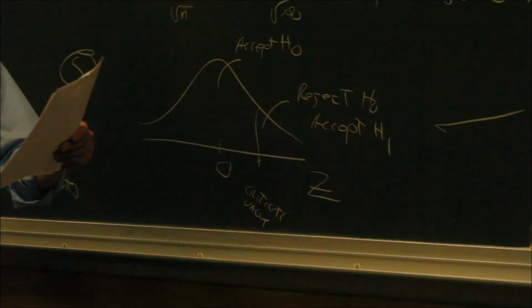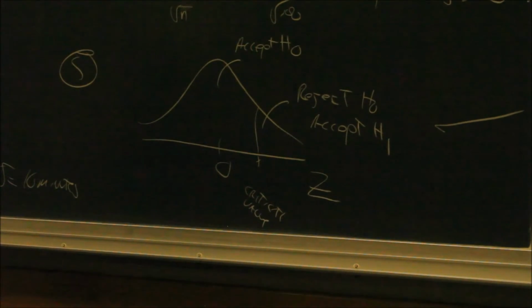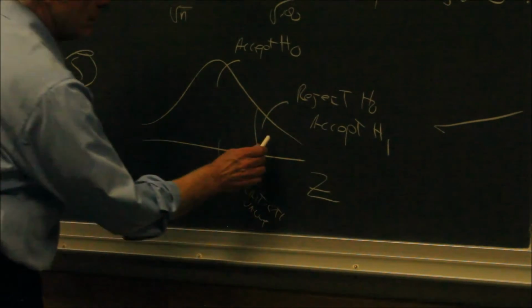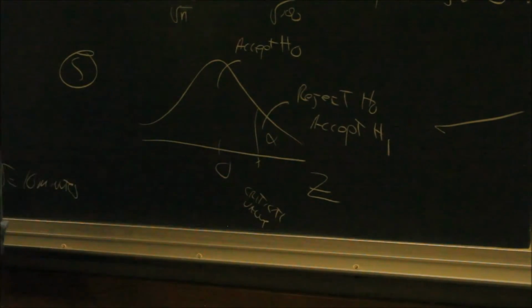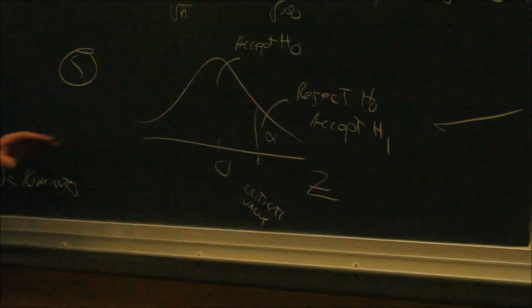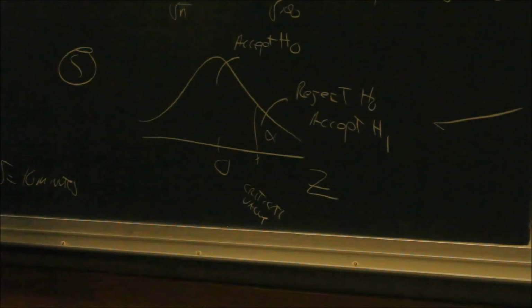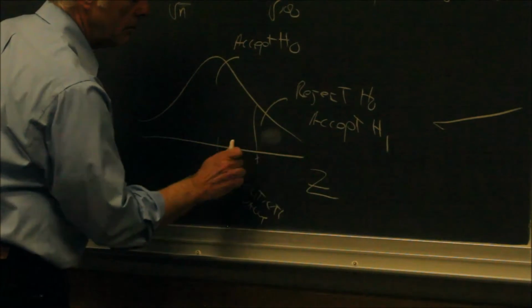And according to the handout, what is the area in the tail? Alpha. Everybody see the area? See the little squiggly line in there? Looks something like this. Everybody see that on the handout? And so, in this case, what is alpha? 0.05. So, this is a 0.05 right here.